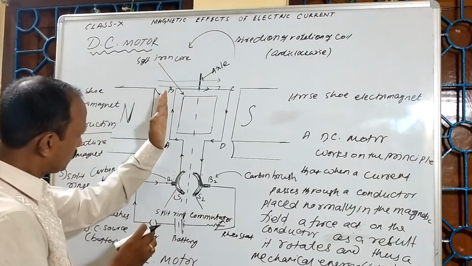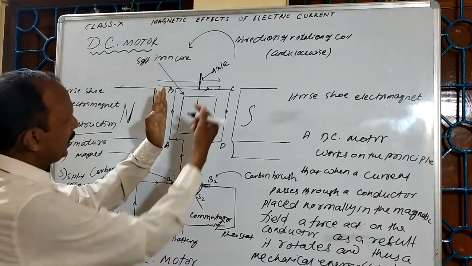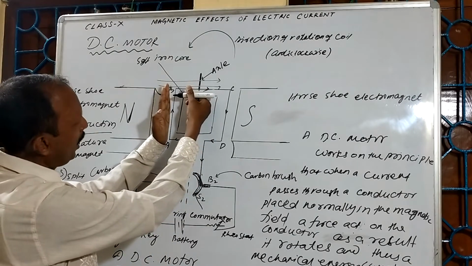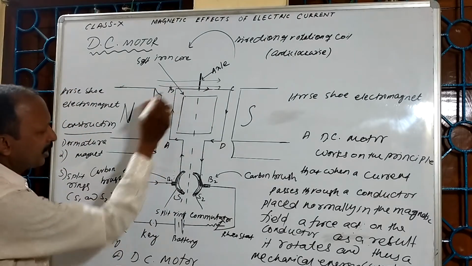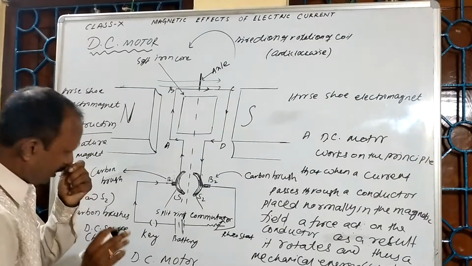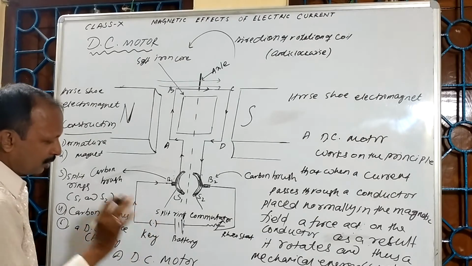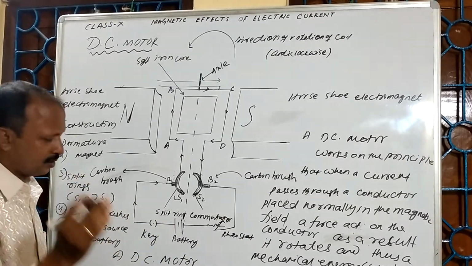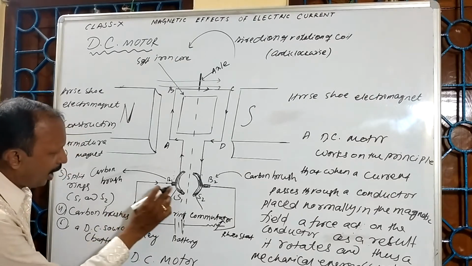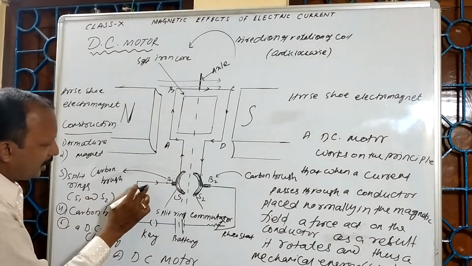We have placed the conductor exactly perpendicular to the direction of the magnetic field. This is AB. Now, if I switch on the key, the current flows according to the conventional direction, from higher potential to lower potential.